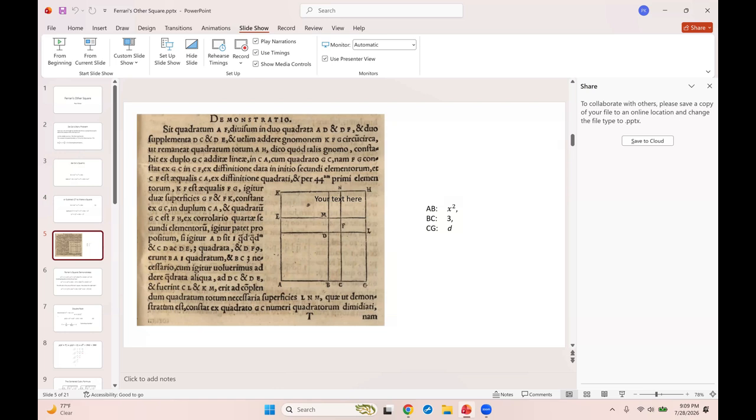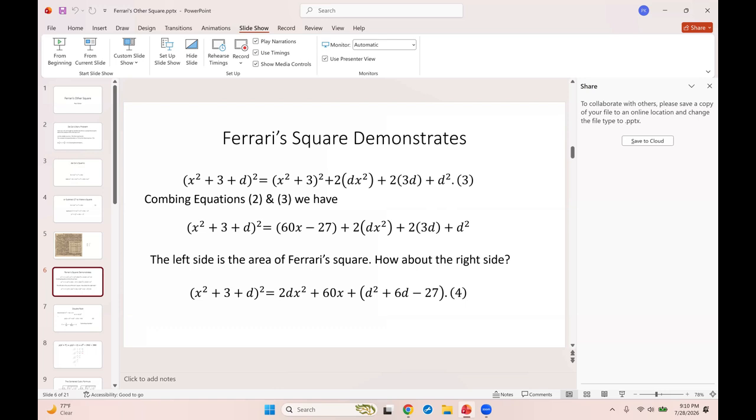But I'd like you to notice that each side is broken up into three pieces. And if you think of the first piece as x squared, the next piece as 3, and the final piece as d, you could actually use that square to reason out that when you take the area of the whole square that I have on the left side, you get the area of x squared plus 3 quantity squared.